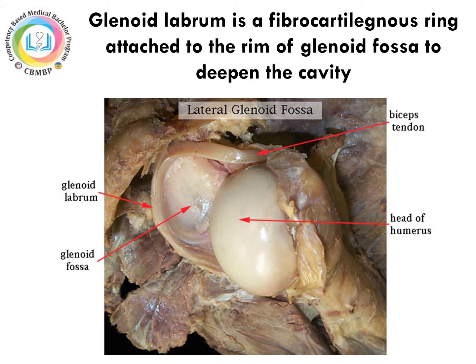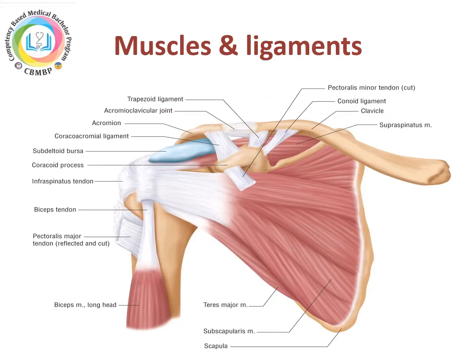This is the site of the labrum around the glenoid cavity. The bony structure ends, but the soft tissue structures are very important in the stability of the joint.